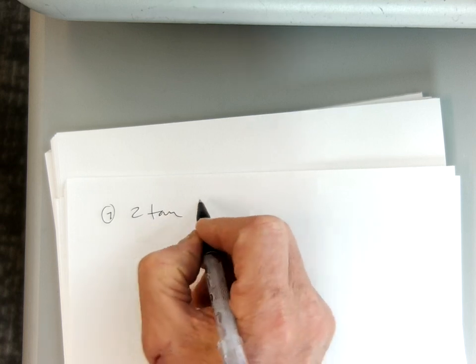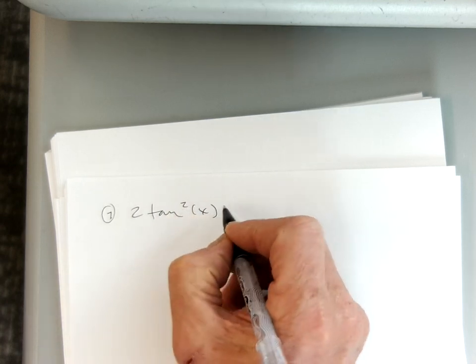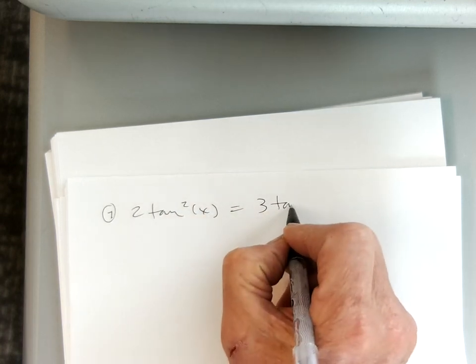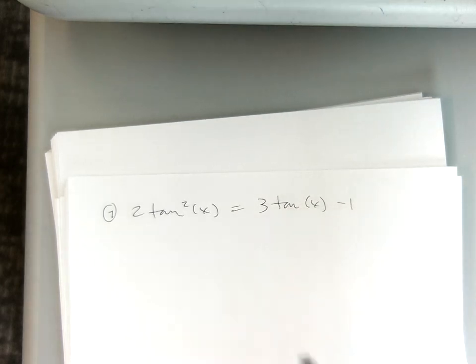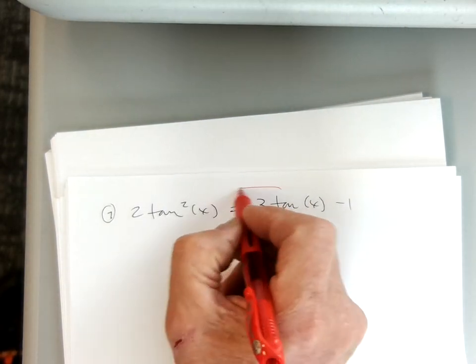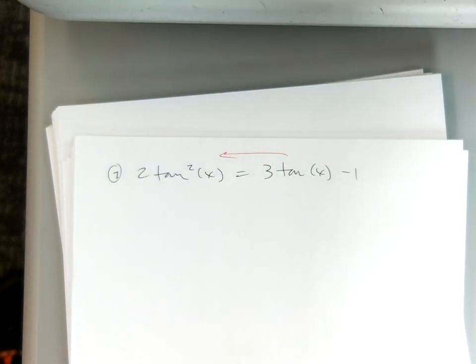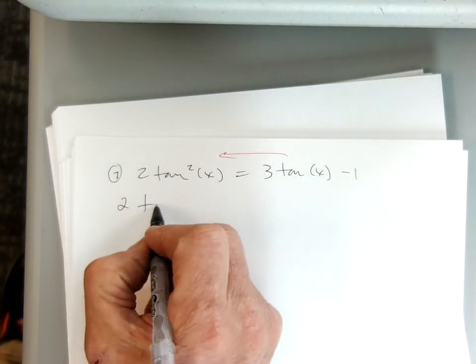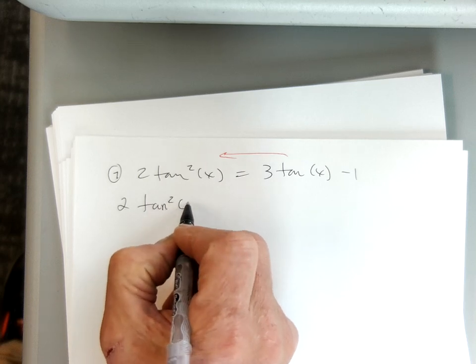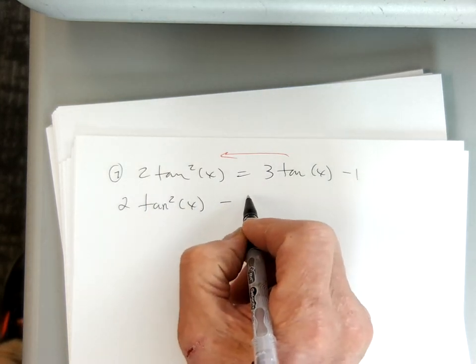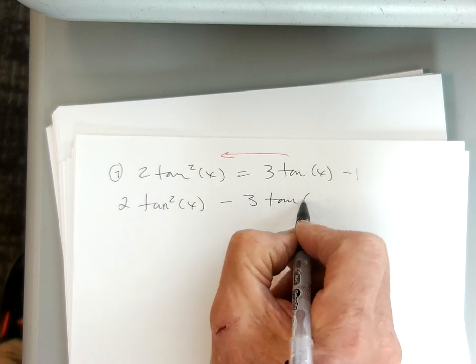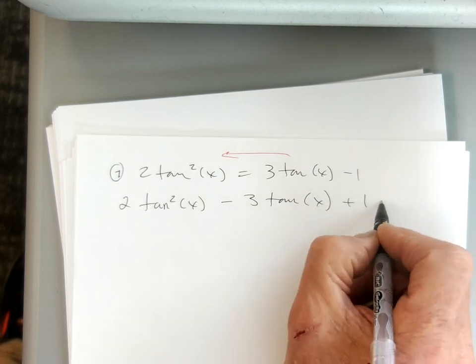Number 7: 2 tangent squared of x equals 3 tangent of x minus 1. All right, so let's bring everything over so it's all in terms of tangents, because I'm going to factor. But first, let's get them together: 2 tangent squared of x minus 3 tangent of x plus 1 equals 0.